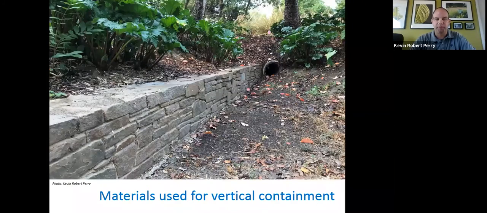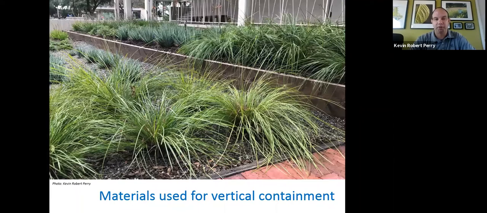Or you can start getting a little bit fancier or more unique in that grade change. This is an example of a project that I built with students at UC Davis, where we used just a wood 2x12 header board that's separating the recessed portion of the rain garden from an upper terrace application.